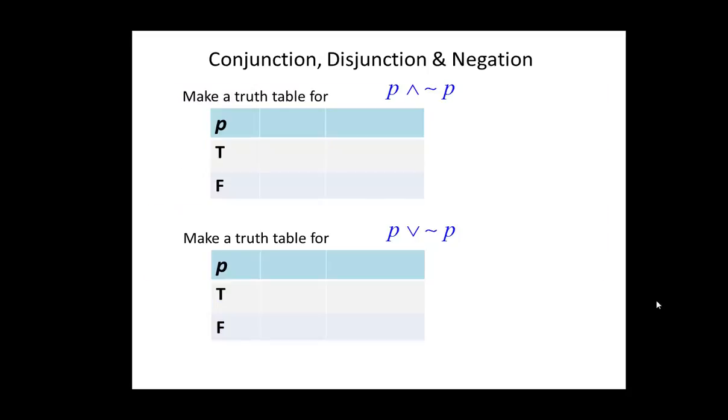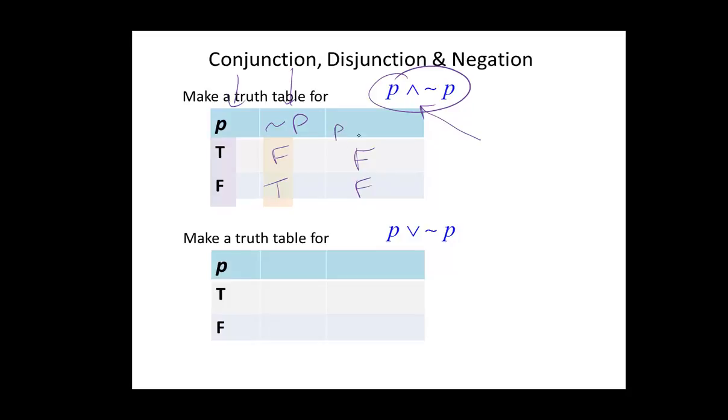In this first case, let's look at P and not P. To make the truth table, I have P set up already. Let's put in not P. Remember, the negation of P has the opposite truth value. Now I'm doing the AND for these two columns. I'm doing the conjunction of those two columns. Well, with AND, if either one is false, that AND statement is false.